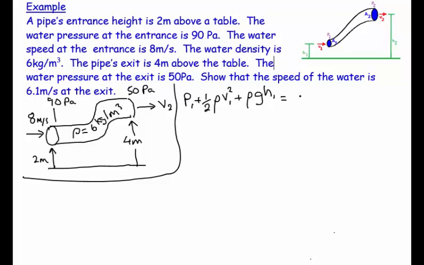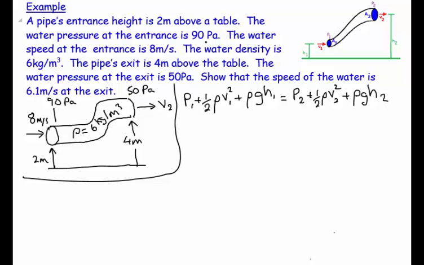So all of that equals, pick another point, pick the exit: the pressure at the exit plus 1/2 rho v squared, where v is at the exit, plus rho g h, where h is at the exit.